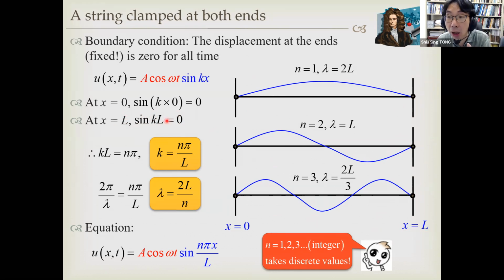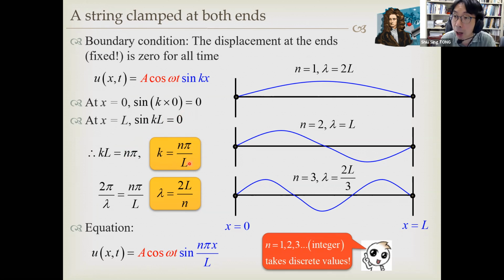Okay, so this is our requirement now. And if I want this to be 0, that means kL is always equal to n pi, where n is an arbitrary integer. Is that right? That is the only way to make sin kL always 0, right? So that means k is equal to n pi over L.